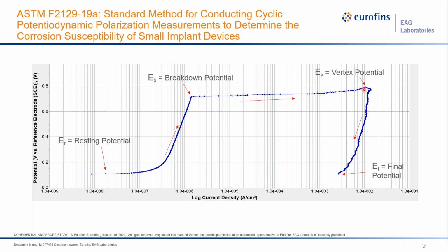Then the voltage is reversed to the final potential, which is also the resting potential in this case. The final potential for ASTM F2129 corrosion testing sets the final potential to the resting potential. The corresponding current between the working electrode and counter electrode is recorded and plotted as the cyclical polarization curve.